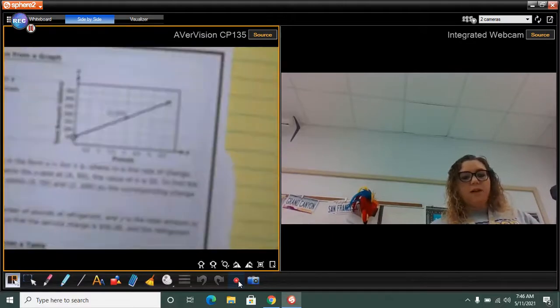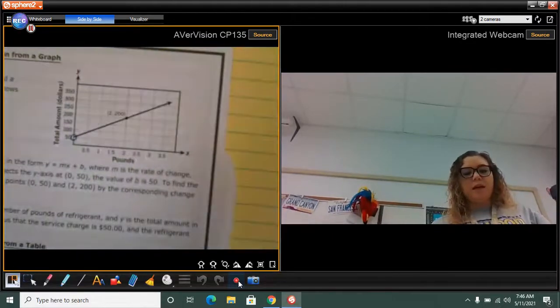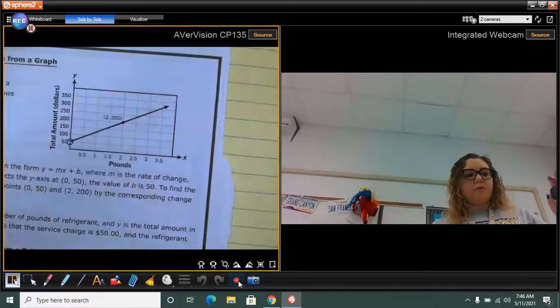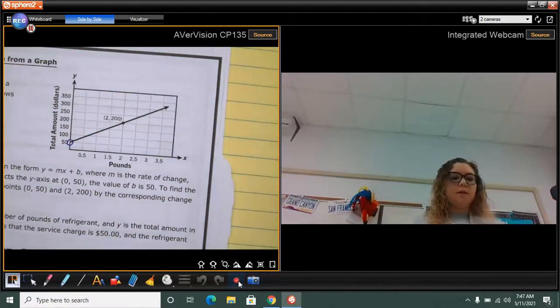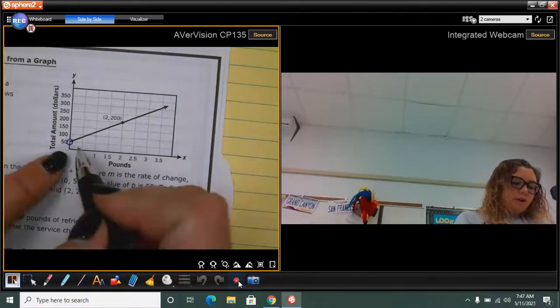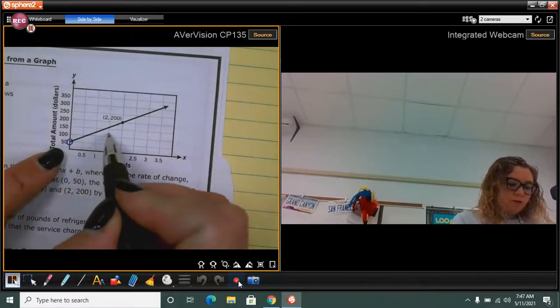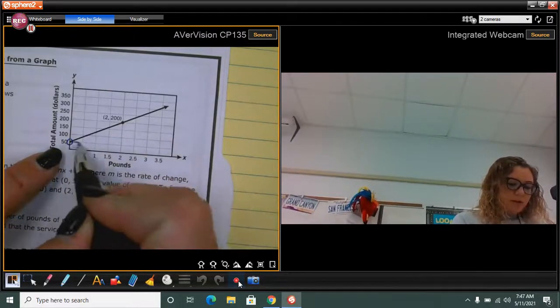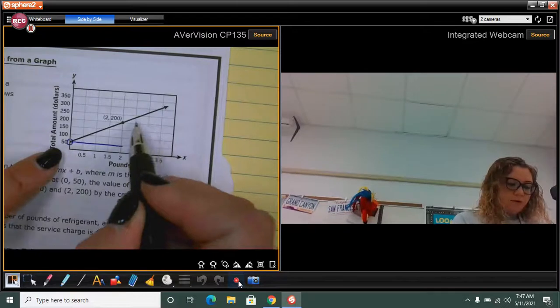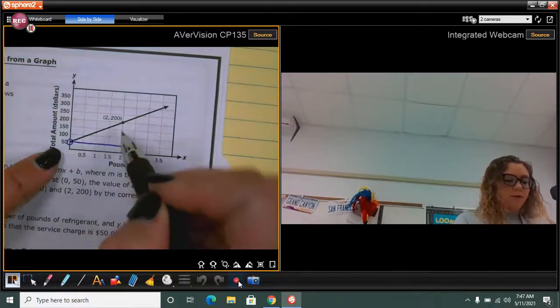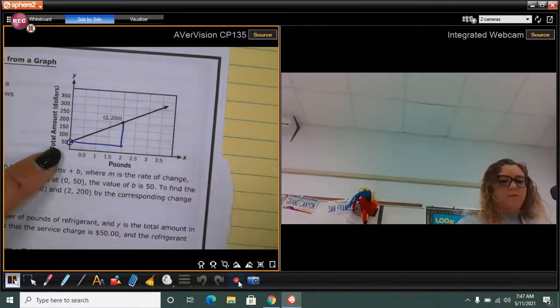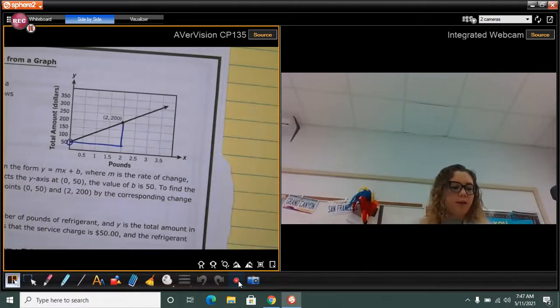I'm going to have a positive slope because my line is increasing. So I'm going to draw a triangle. Again, you want it to go through a point, through a corner. You see how this one doesn't go through that corner? So we're going to keep going until we find one, and we're going to create our triangle.